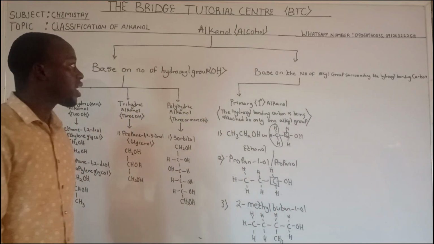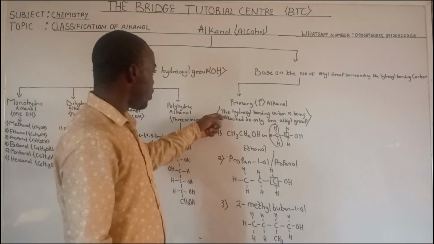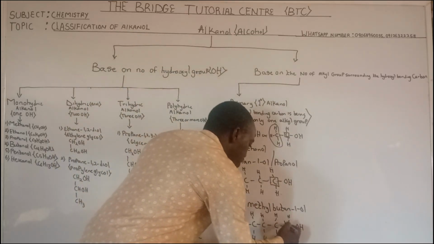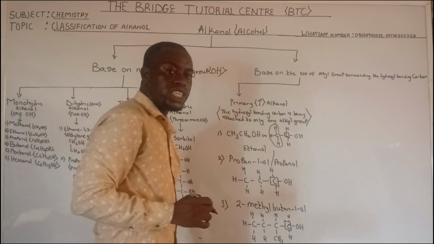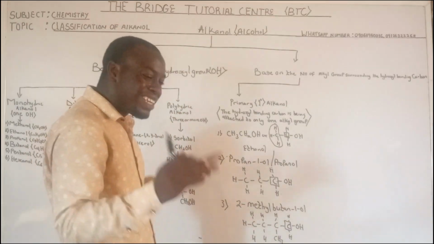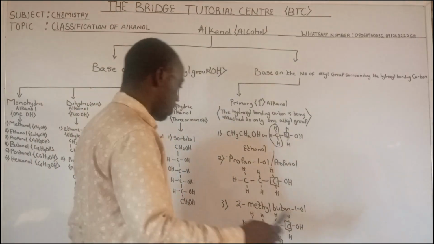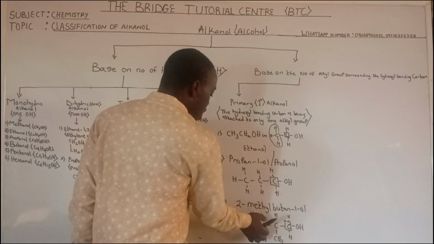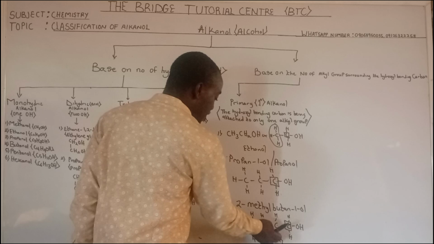So now let's take a look. Is it truly a primary alkanol? The first thing, take a look at the hydroxyl bonded carbon. If these are hydroxyl bonded carbon, how many carbon is being attached to it? That is having a direct connection to it. You don't need to consider there are some carbon like this, and like this.